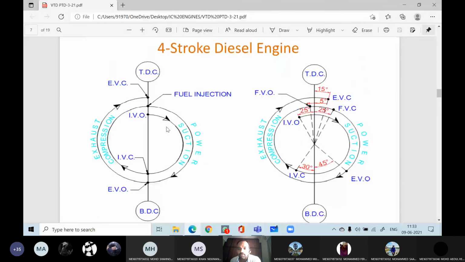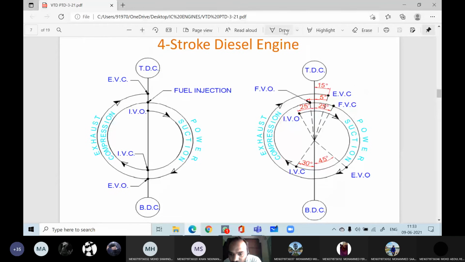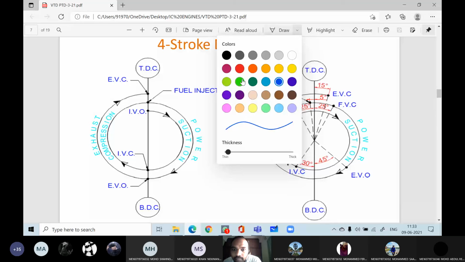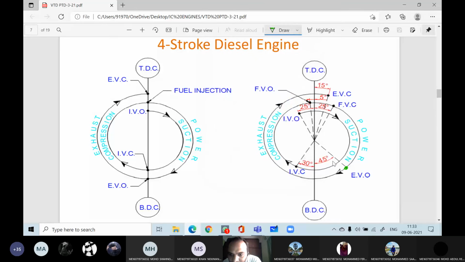Now you can see the exhaust valve is opened here and closed here. But before that, only the inlet valve is open, because the incoming air will be used to remove the gases from the engine cylinder.